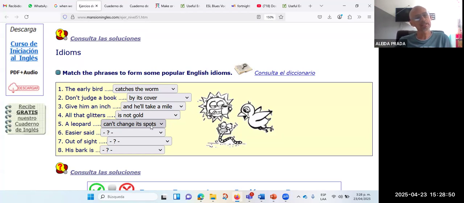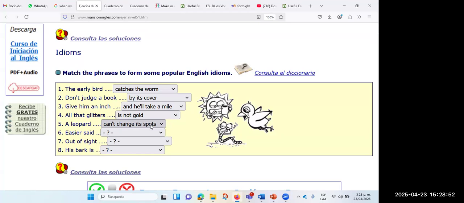What does that idiom mean? That means that a person or people cannot change their nature, or that personality, I think.